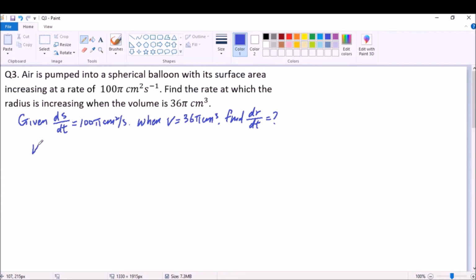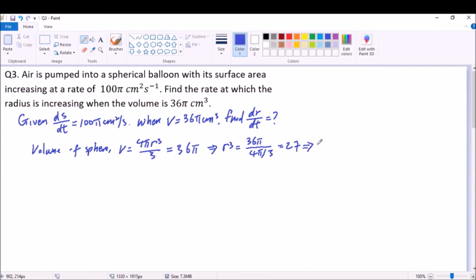We know that the volume of a sphere has the formula 4 pi r cubed over 3, and it is 36 pi, and so r cubed equals 36 pi over 4 pi over 3, which is 27.